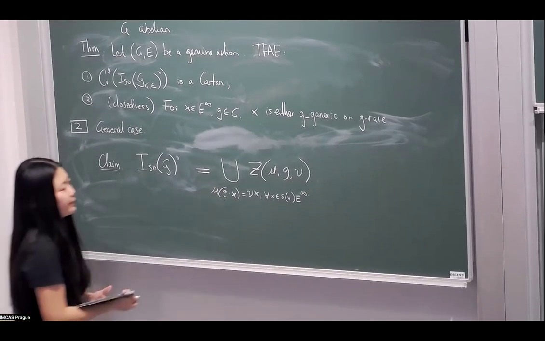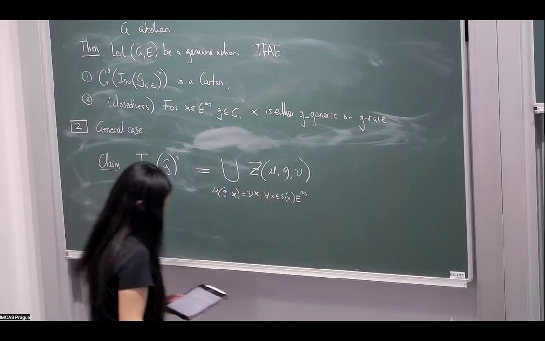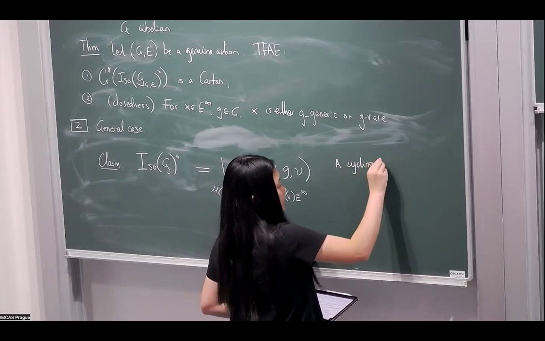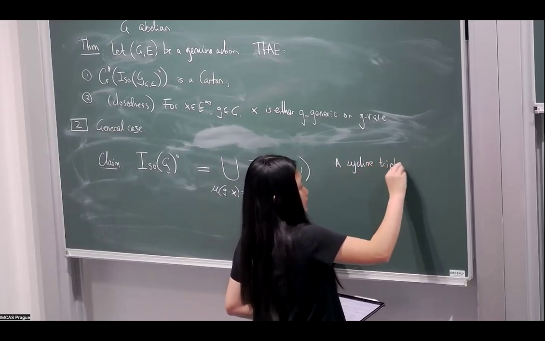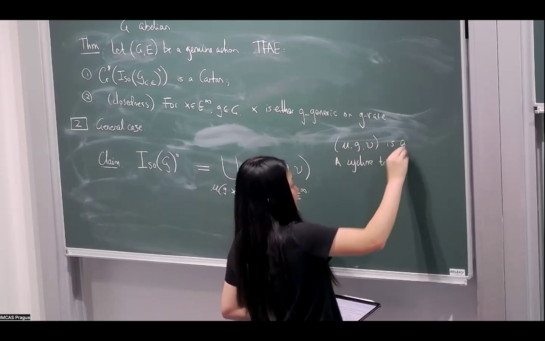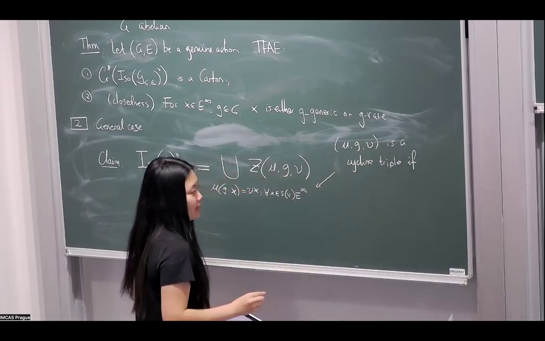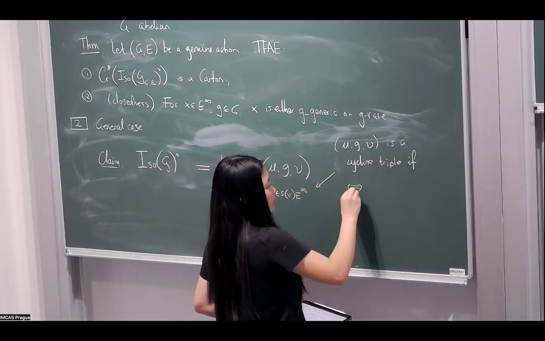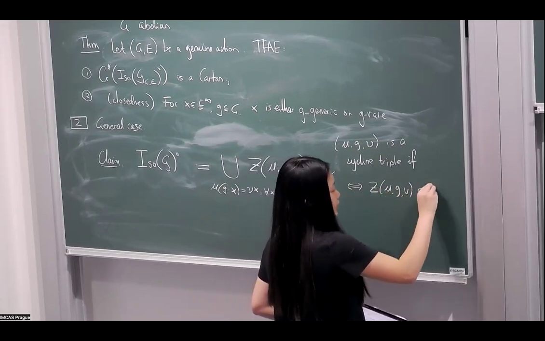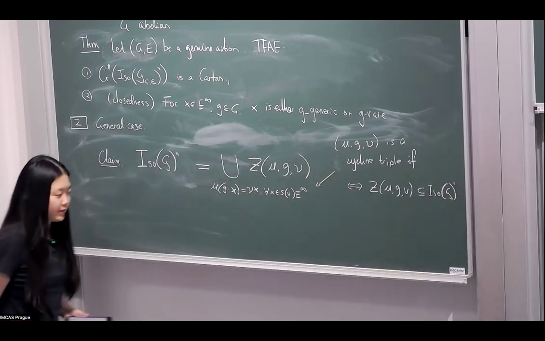Okay, so I will give those triples that satisfy this very nice property a name. They are called cycling triples. So mu g nu is a cycling triple if and only if this condition is satisfied, that is, if this cylinder set is fully contained in the isotropy of the groupoid, or the interior of the isotropy of the groupoid.